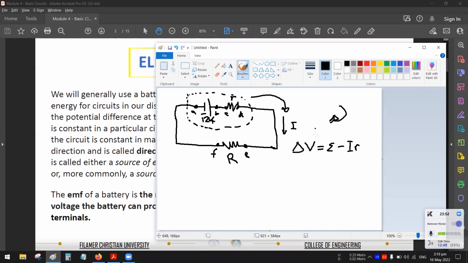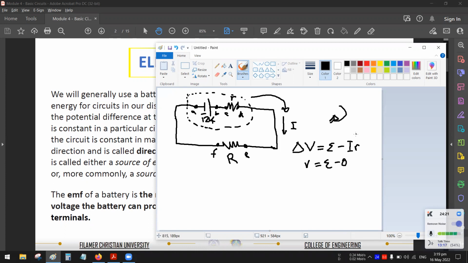Okay, so from this expression, from this formula, no, so take note. So notice that the electromotive force here is just equivalent to an open circuit voltage. So that is the terminal voltage when the current is 0. So kung 0 yung current natin, di ba? So therefore, yung voltage natin dito is just your EMF.